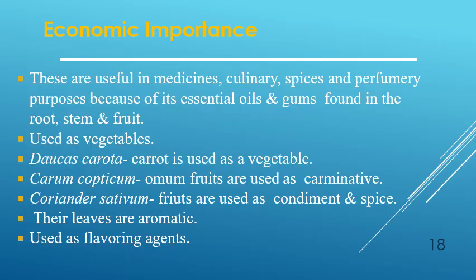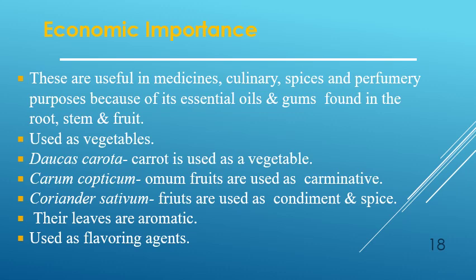So here we have the economic importance of this family, that is Apiaceae. This family Apiaceae contributes several important foods, essential oils, and aromatic herbs to the human race. This family is considered economically important because it is used as a vegetable. Its roots and seeds are usually medicinally very important.